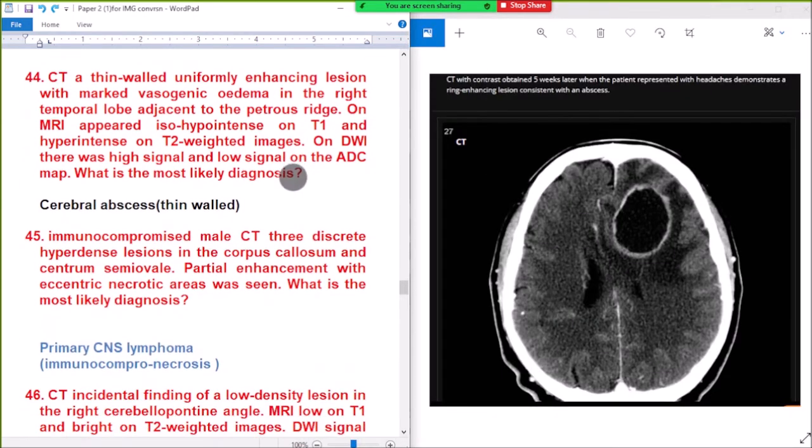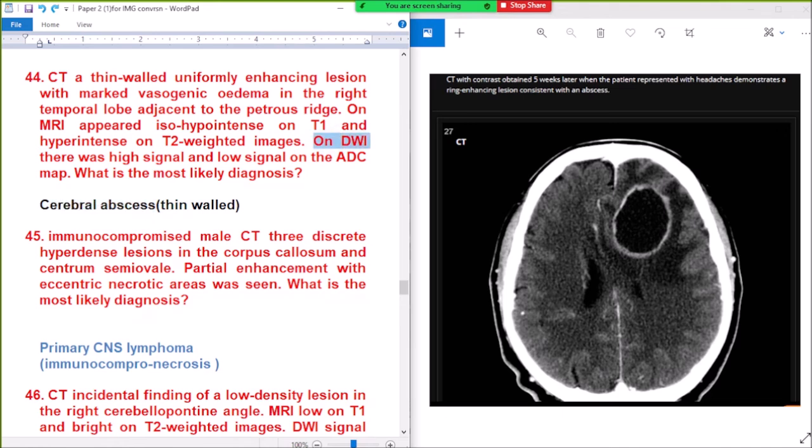Question 44. This shows a well-defined uniformly enhancing lesion with marked vasogenic edema in the right temporal lobe adjacent to the petrous ridge. On MRI it appeared hyperintense on T1 and hyperintense on T2 images. On DWI there was high signal and low signal on the ADC map. Diagnosis: cerebral abscess.